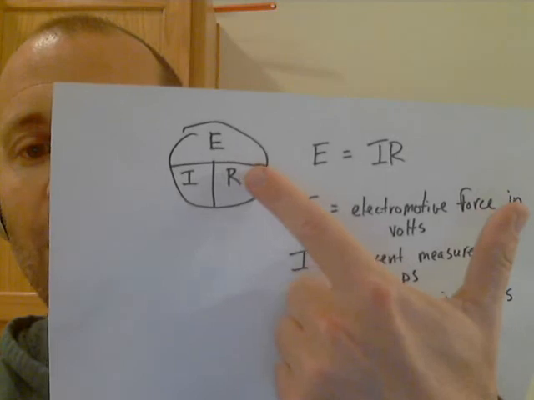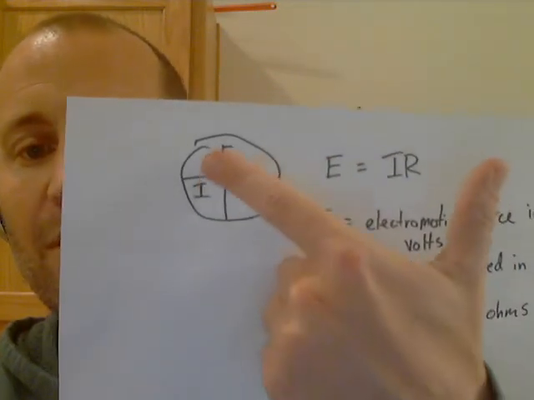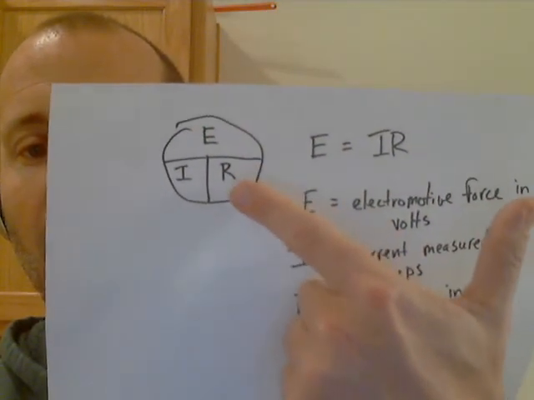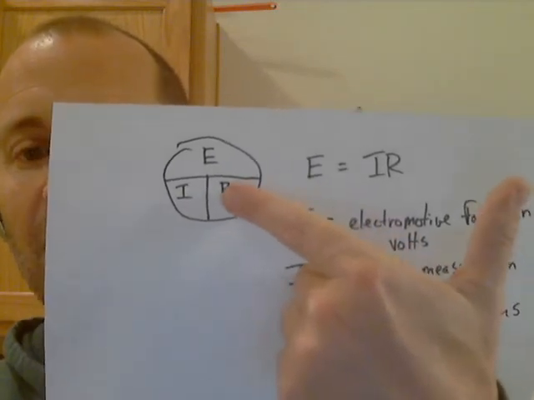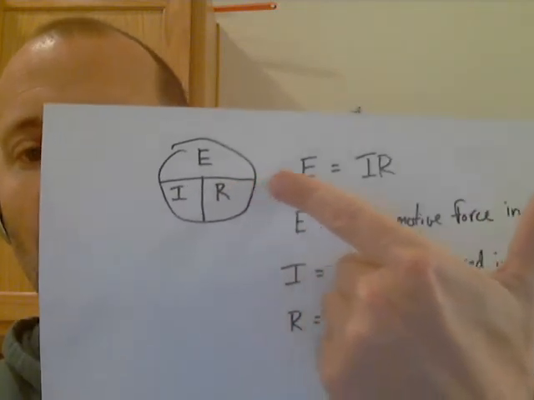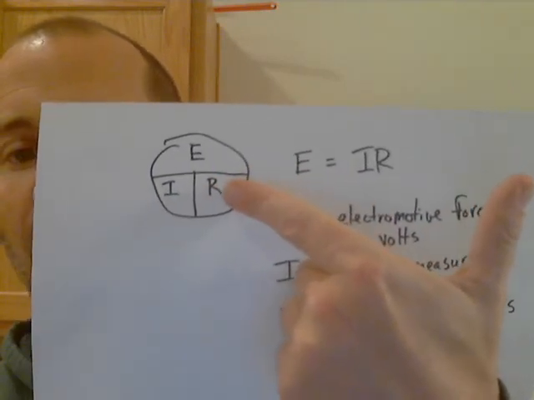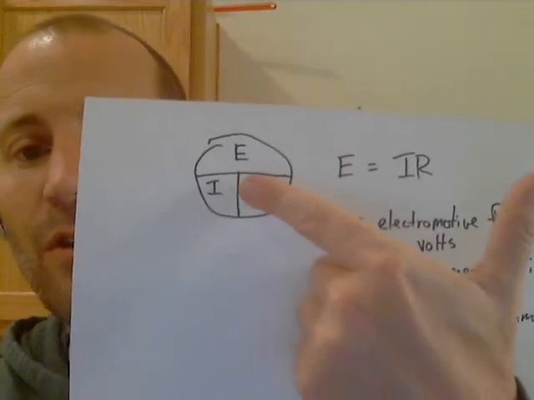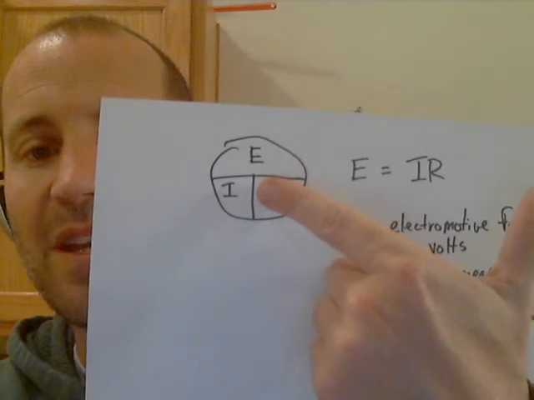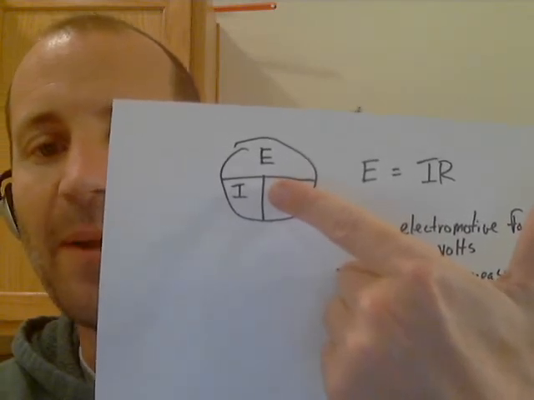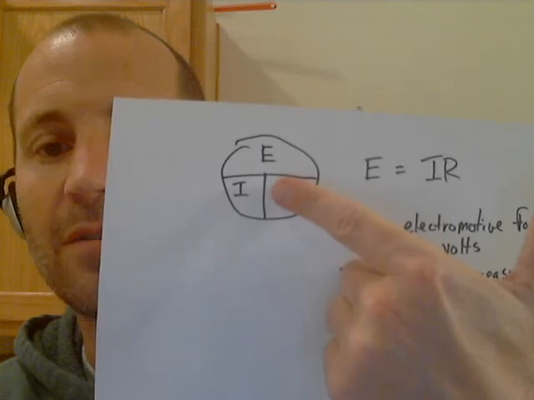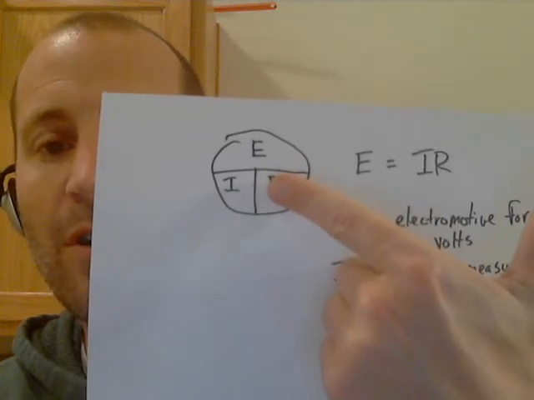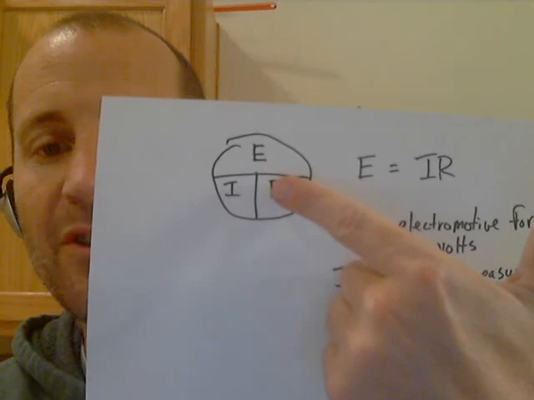Well, I can draw myself a little pie and see how I put the E across the top and then I put the R and the I. Whenever I cover up the quantity that I want to find out, what's left is my mathematical formula. So if I want to know the R, it's going to be E divided by I. That big horizontal line represents division. The vertical line represents multiplication.